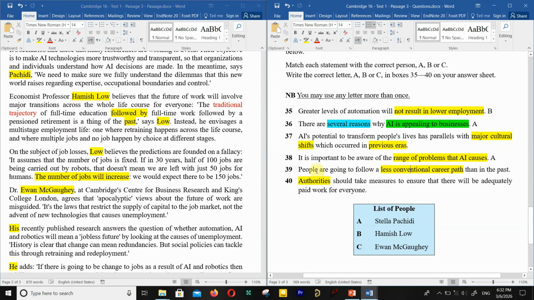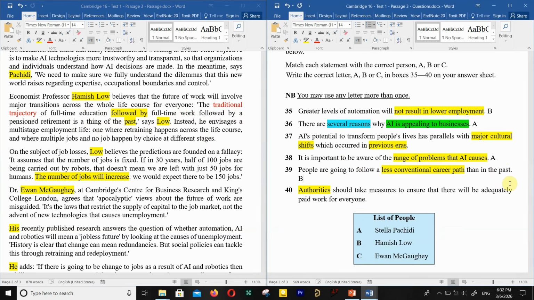And it means that people are following a less conventional career path than in the past, because it says that the traditional trajectory of full-time education followed by full-time work is a thing of the past, which means that they are not following it right now. And this is what Low says. Okay, Hamish Low, if I pronounce it correctly. Okay, so for 39 the answer is B.